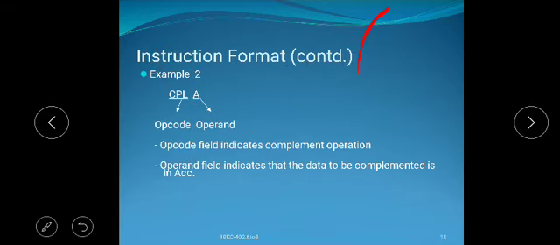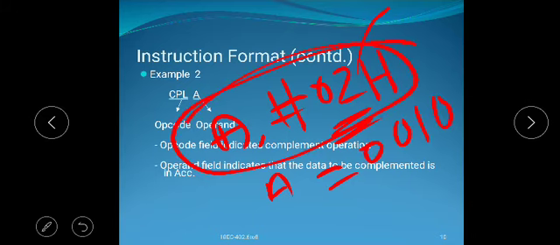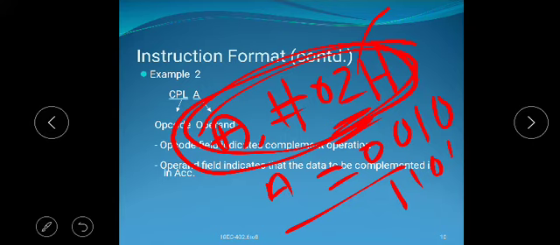This is the complement of A. If the value is given in hexadecimal form, for example A is 2H, you have to convert it into binary form, 0010. Then the complement of A is 1101. This is the operation performed by this complement instruction.